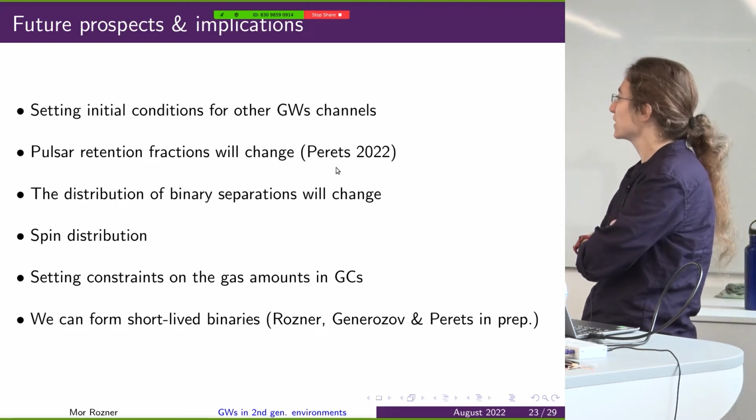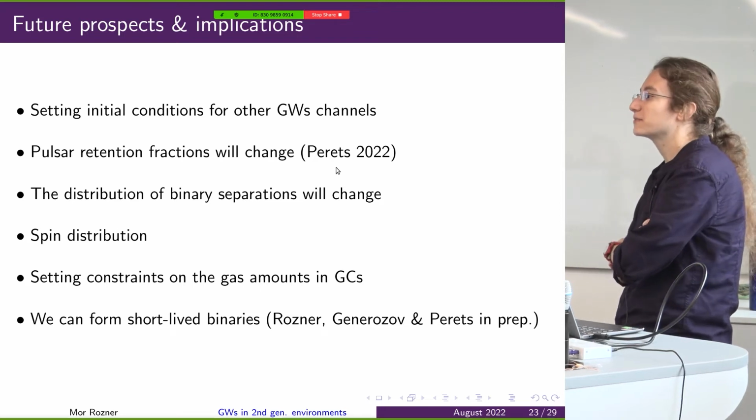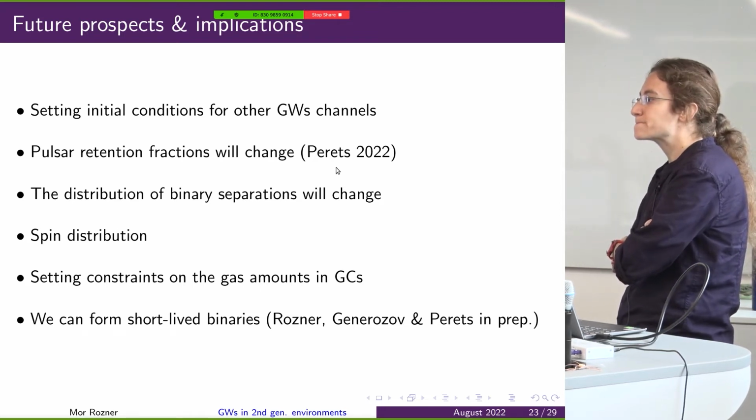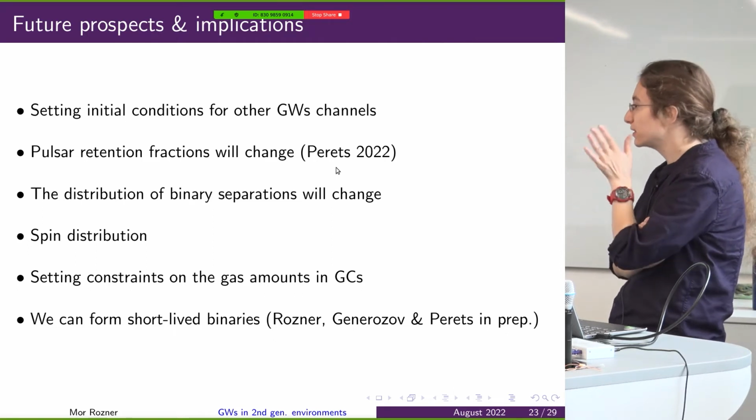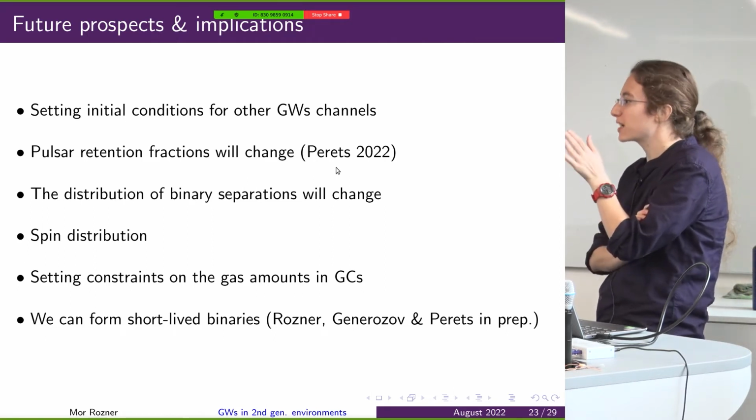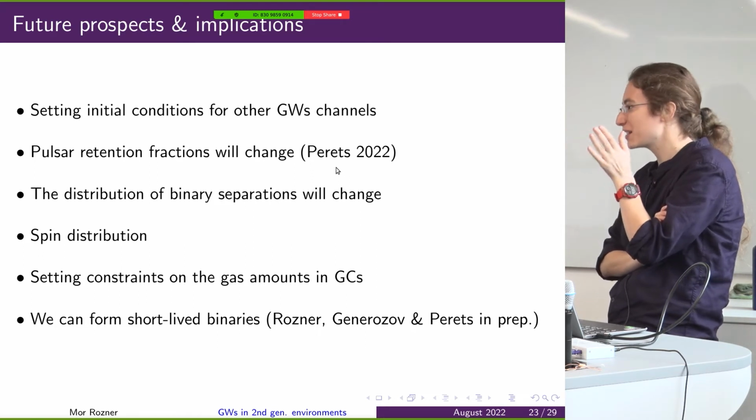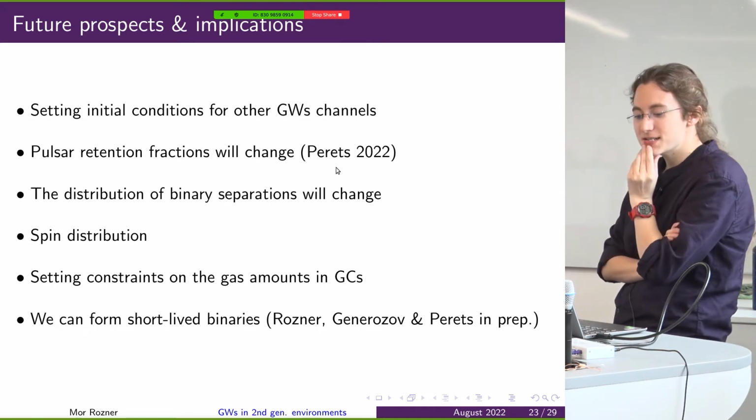Okay, so actually that's a nice direction. Have you included the ejection probability for the binary? Not for that. We just took the retention fraction. Maybe it could be encapsulated in some magical way, but we did it directly.